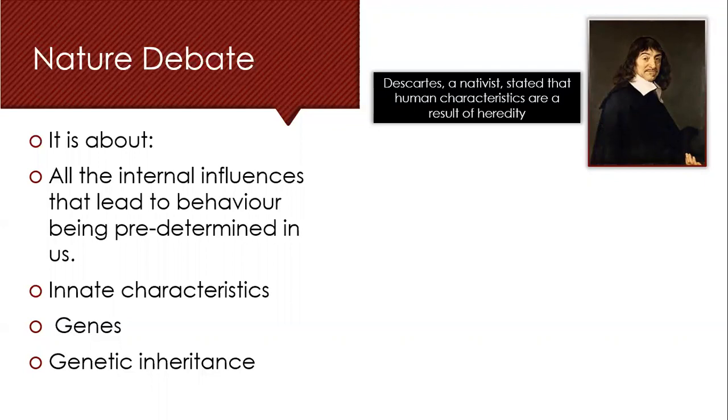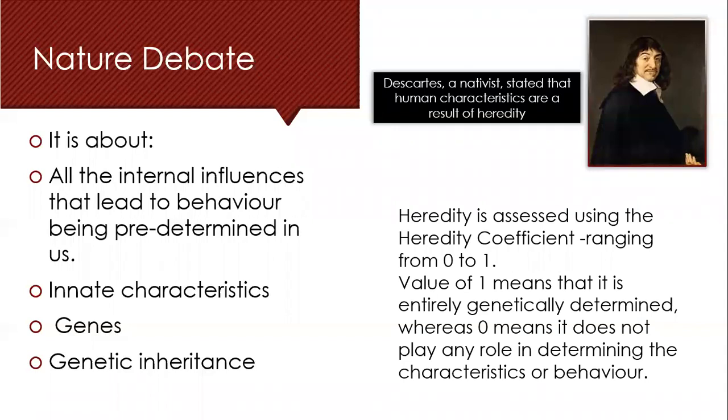Now, when it comes to genes, to see how influential our genes are, we use what is referred to as the hereditary coefficient. And this range is from 0 to 1. What we mean by 0 is 0%, 1 equals 100%.